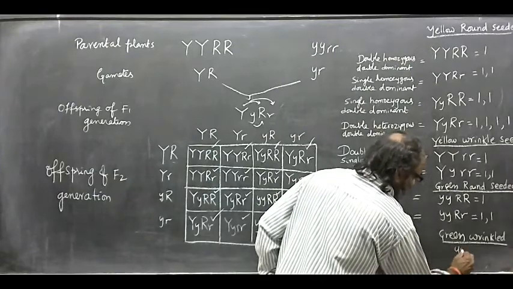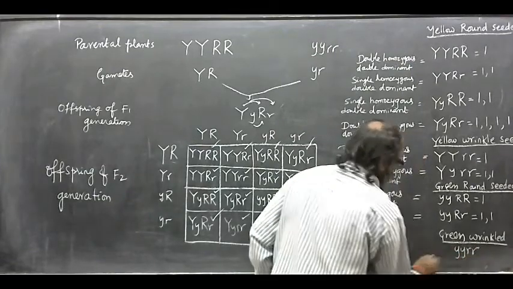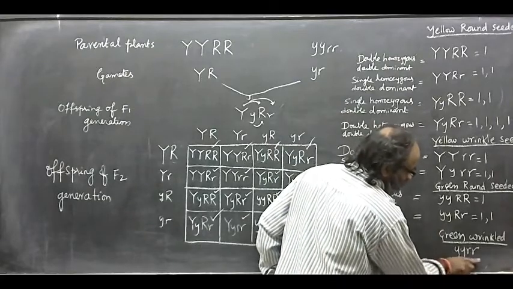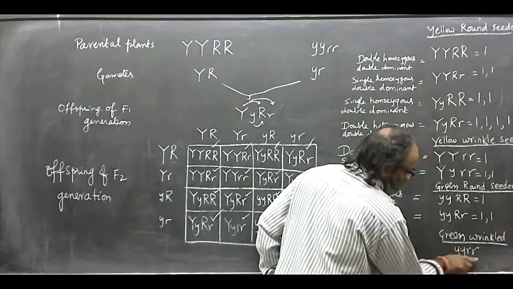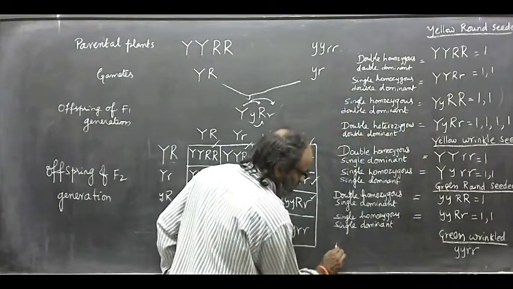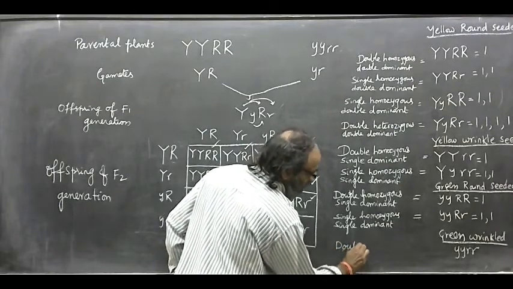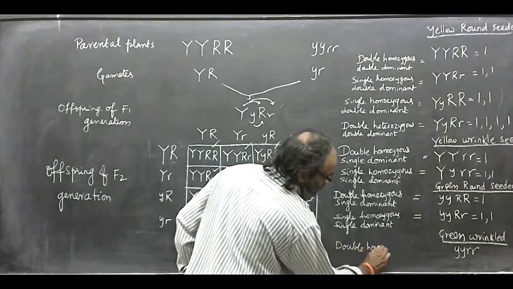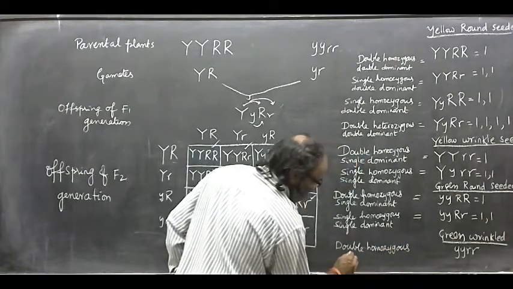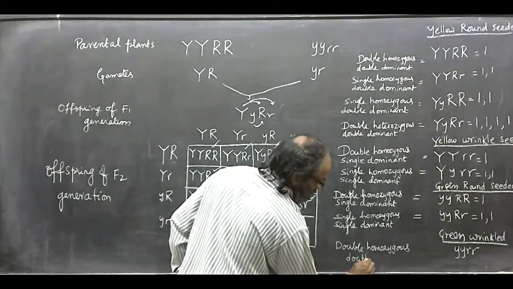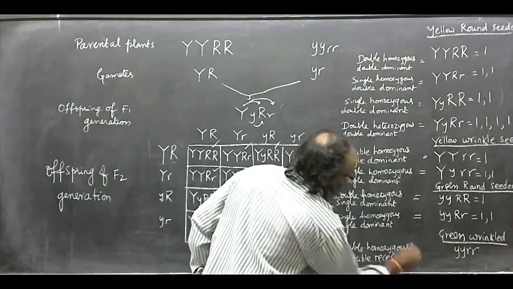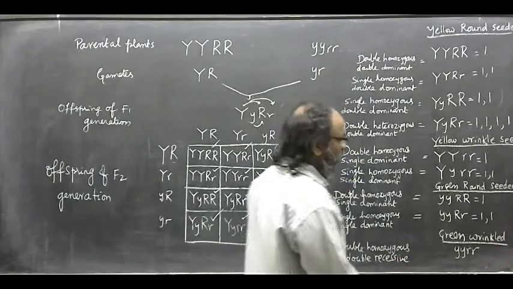Genetic makeup is small y, small r. It is green wrinkled. It is double homozygous, double recessive. Both are recessive characters. Therefore, it is double homozygous, double recessive.